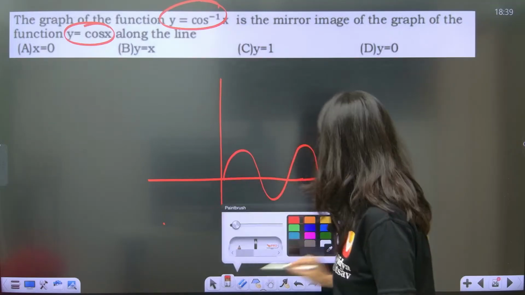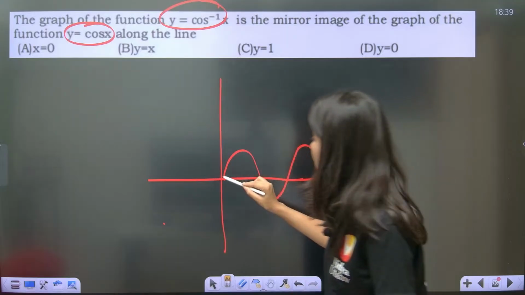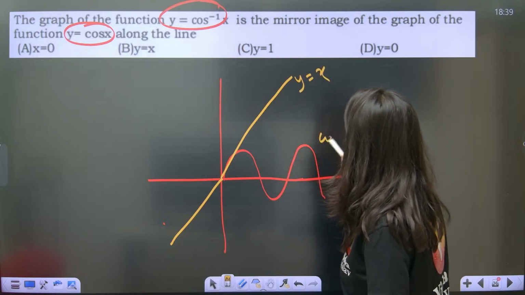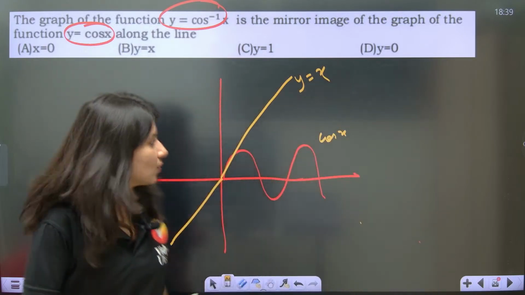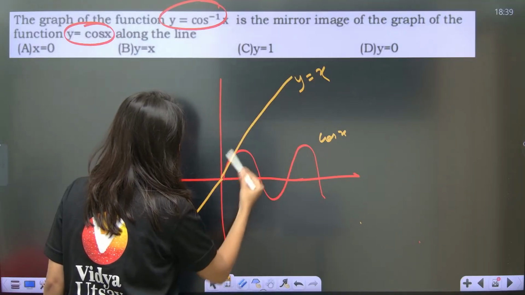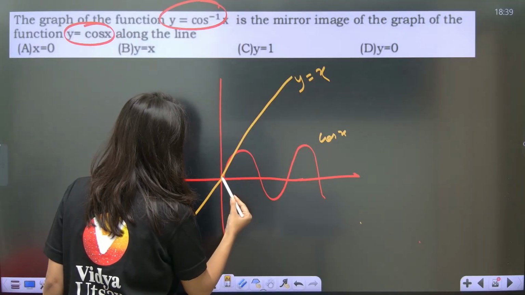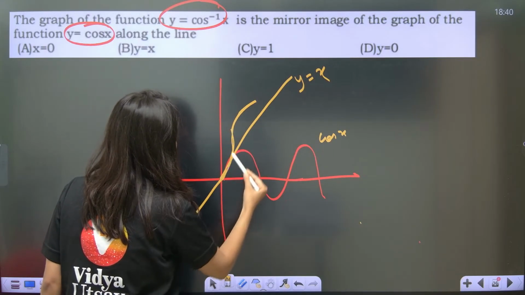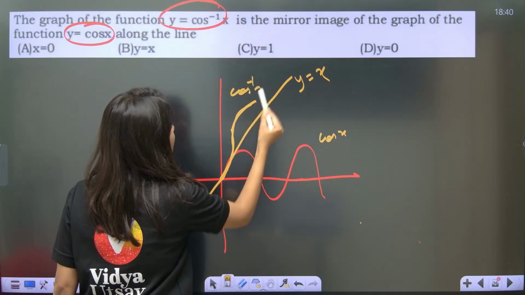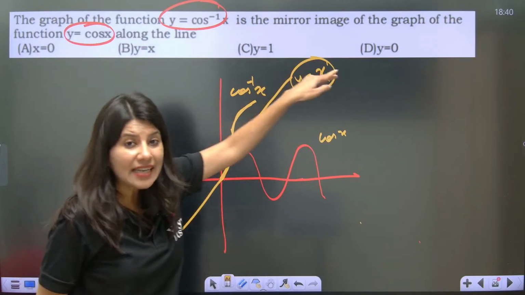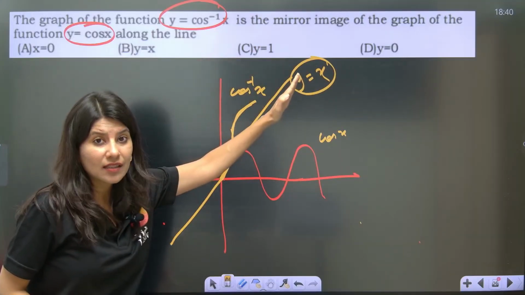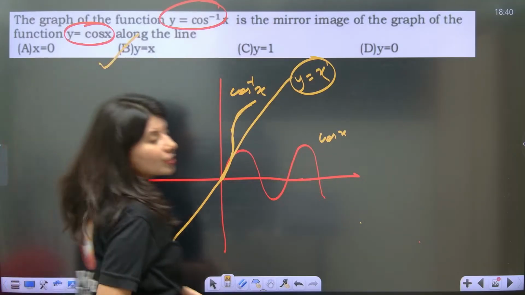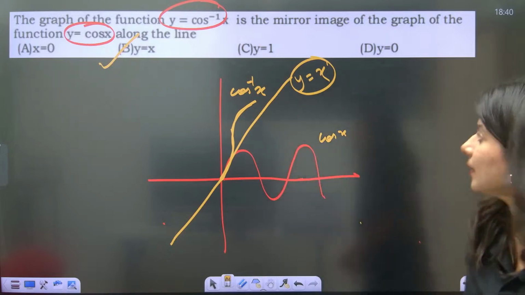Now if you want to plot the inverse of any function, the concept says that if this is cos x, then cos inverse x is going to be its mirror image. So this is how the inverse function will look. This is cos inverse x. So y equals x is the line which is the mirror line for a function and its inverse. This is how the concept says. Option B, absolutely right.